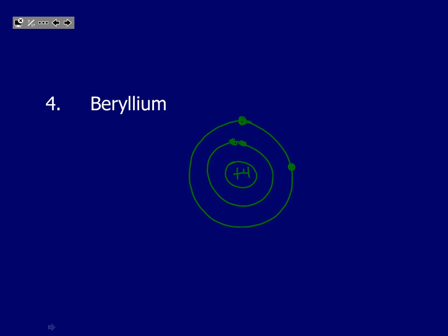How many electrons does it have? 1. Not a coincidence. How many electrons do you think sodium will have in its outermost shell? 1. Not a coincidence. How many did beryllium have in its outermost shell? 2. Look at the group number. 1, 2.